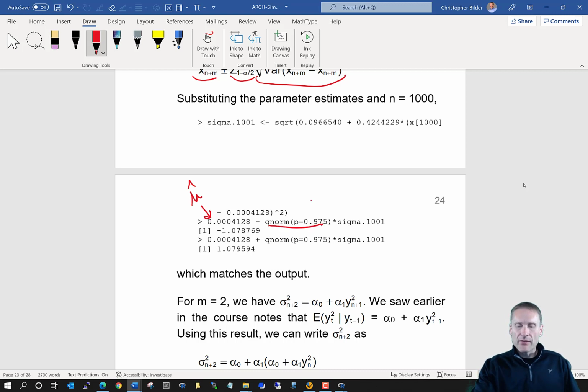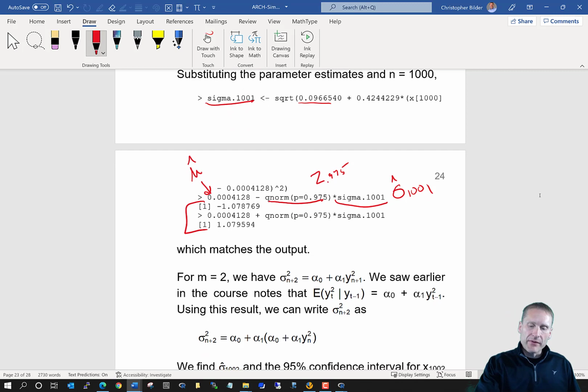Here's the value from the standard normal distribution. And here is my sigma hat sub 1001, which I figured out through the means we previously saw. Here's my confidence interval, which is exactly what was given in the output. Through these simple by-hand calculations, it's reassuring that we're getting what the output gives you, and it gives you some information about how those calculations are being done.